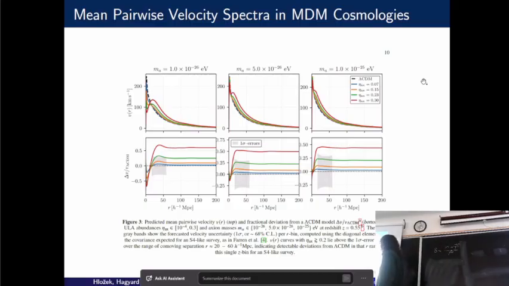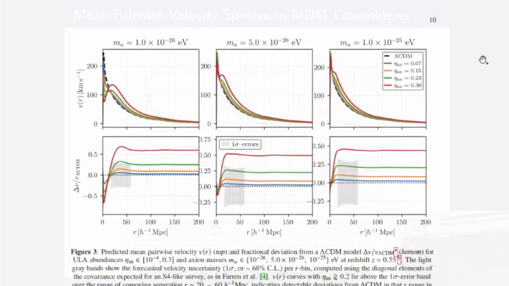And this corresponds directly to an amplification of the pairwise velocities at large scales. So, it's two sides of the same coin, because the mean pairwise velocity spectrum is directly a function of the correlation function, which describes the probability of finding two objects at comoving separation r from each other.